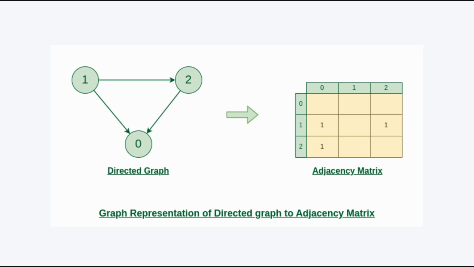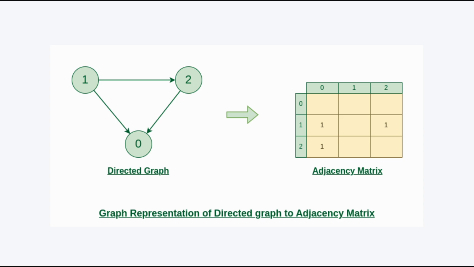Now, if we come to the directed graph, 1 is pointing towards 2 and 1 is also pointing towards 0, and 0 does not have any edge from its vertex to another vertex, so 0 doesn't have any values as 1 with 0 itself, 1 and 2.